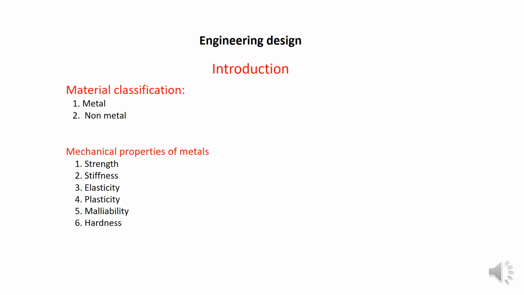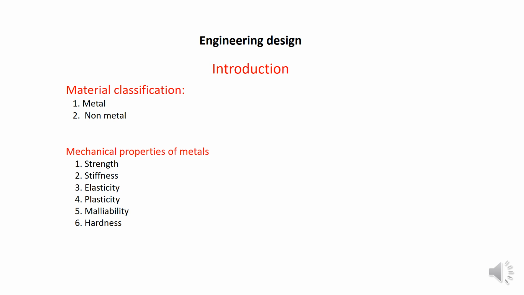Examples of metals are iron, steel, copper, aluminum, etc. At the same time, examples of non-metals are glass, rubber, plastic, etc.